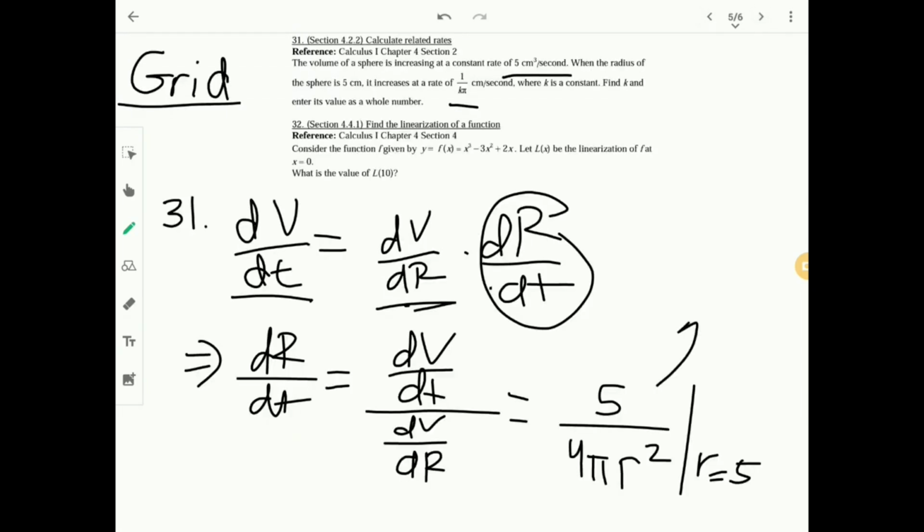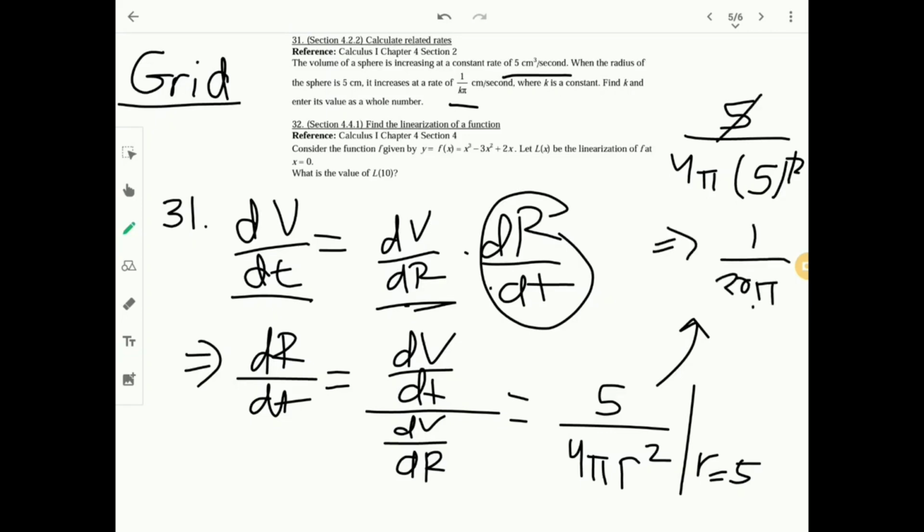We get 5 over 4 pi times 5 squared, this cancels, 1 over 20 pi. So k is 20. I'll give you guys a few seconds to check and then we'll do 32.